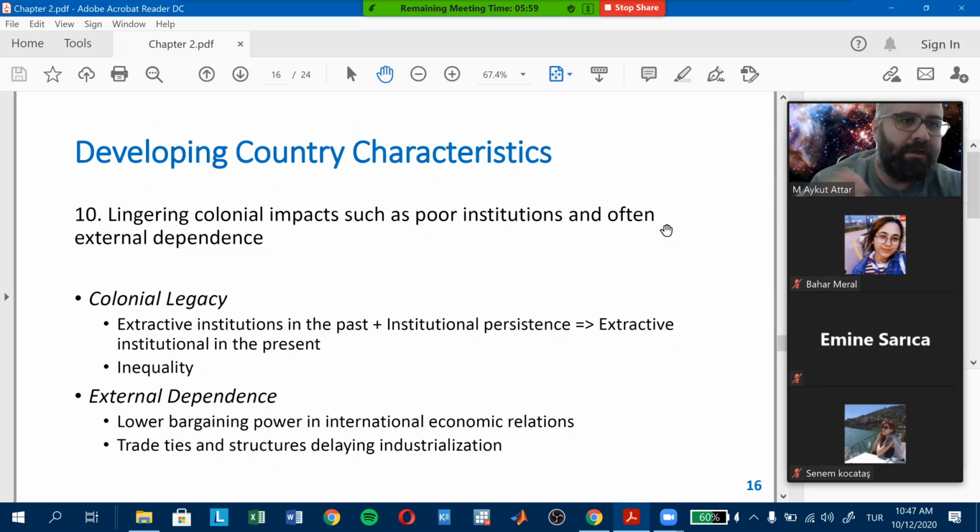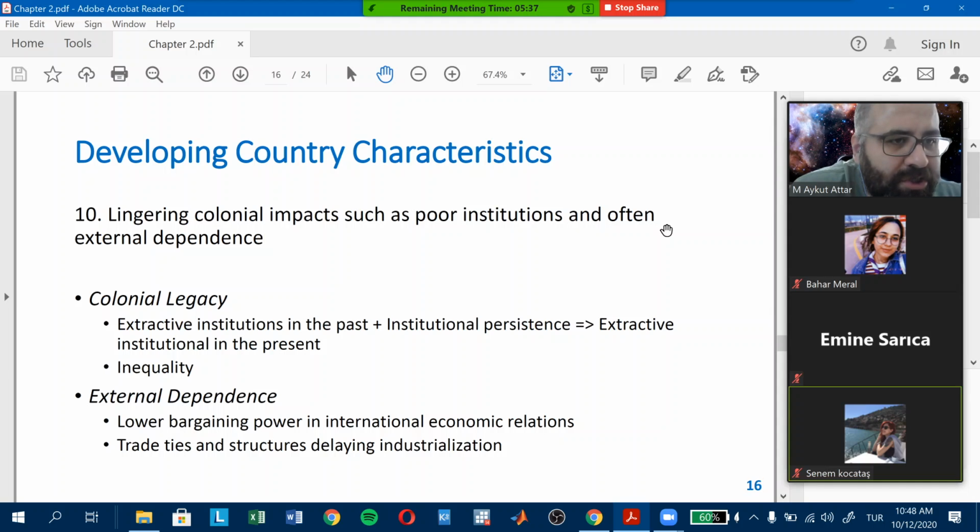So Western colonial powers basically invade the country, take control of economic and political matters, and then one thing they did, especially if the purpose was extraction of resources, is that they established poorly designed institutions just for extractive purposes.